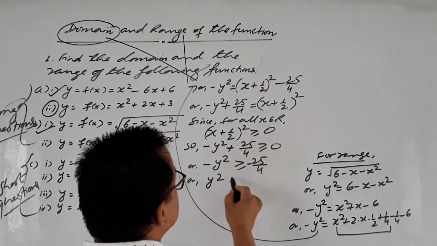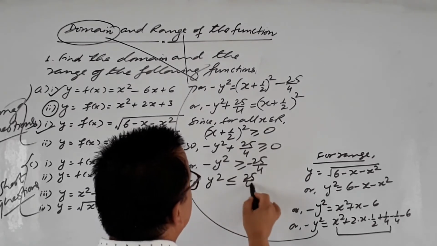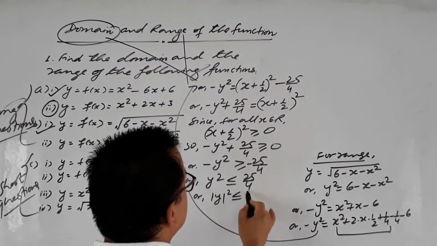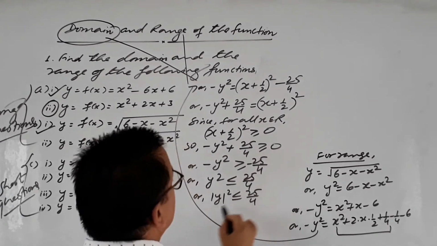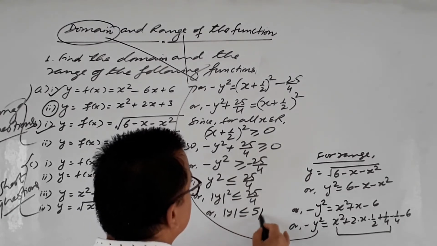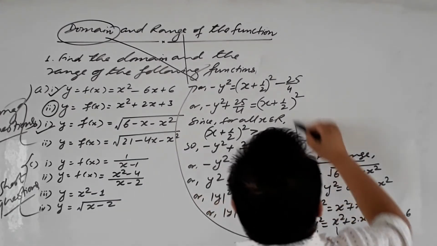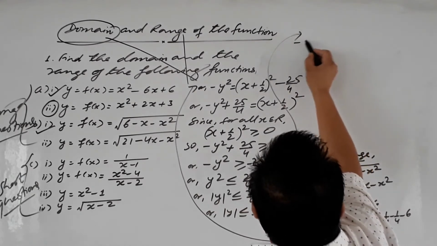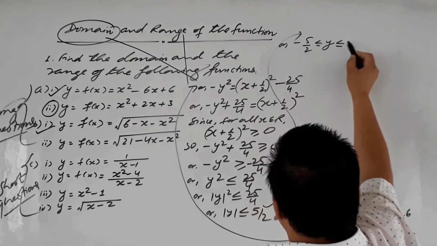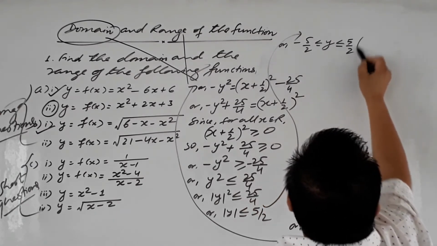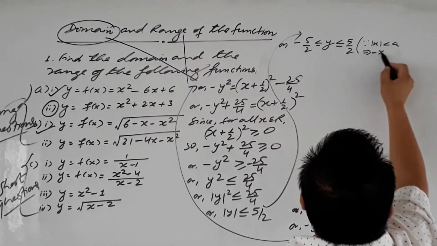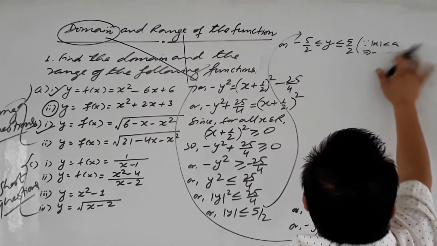So it's going to be y square is less than equal to 25 by 4, and that property, it becomes minus pi by 2 less than equal to y less than equal to pi by 2.